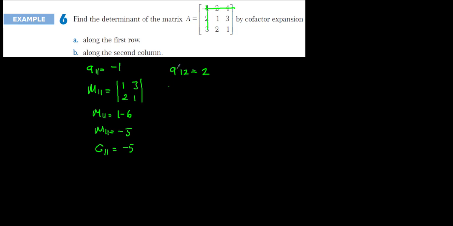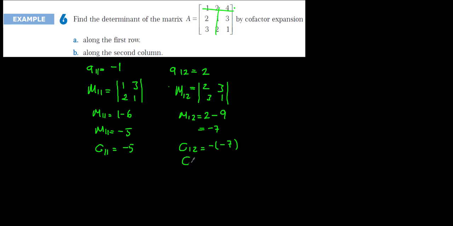For the entry A12, the minor: first row, second column, the entries are 2, 3, 3 and 1. M12 is equal to 2 times 1 is 2, minus 3 times 3 is 9, so 2 minus 9 is equal to minus 7. But C12 is equal to 7, it has to be.